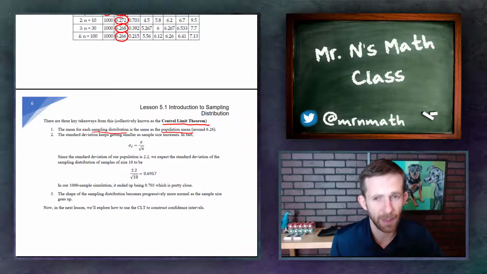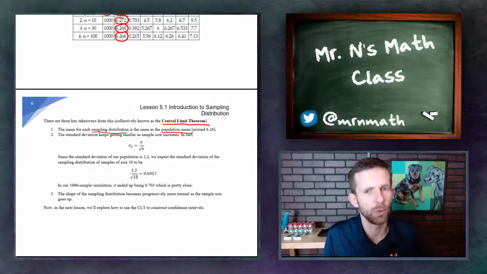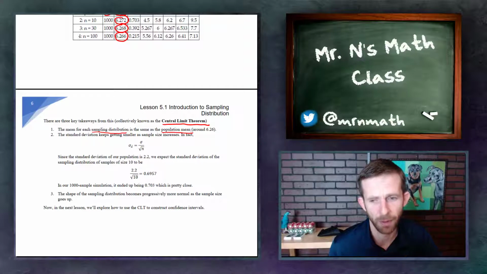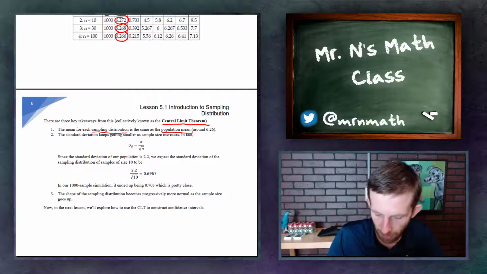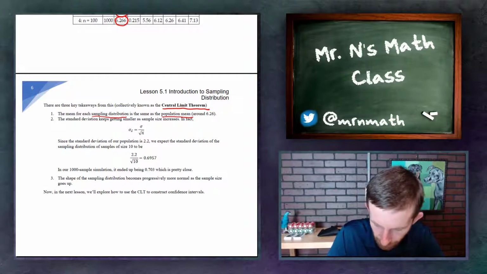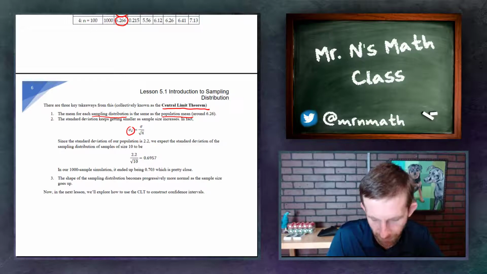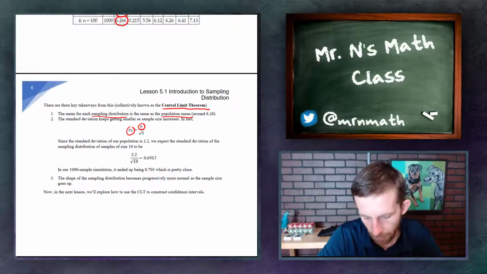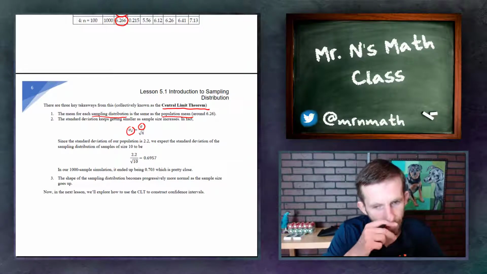So if I have samples of size 10, and I get a huge distribution of them, the mean of that distribution is going to be the same as the mean of the population. The standard deviation of the sampling distribution gets smaller. In fact, it is the standard deviation of the population divided by the square root of the sample size.